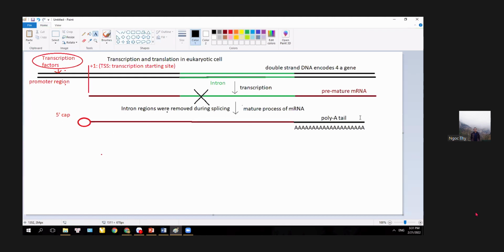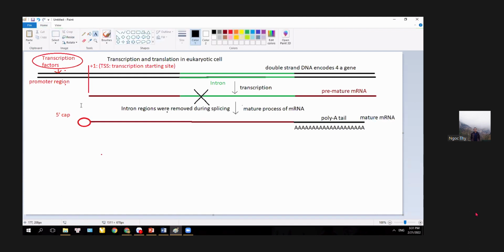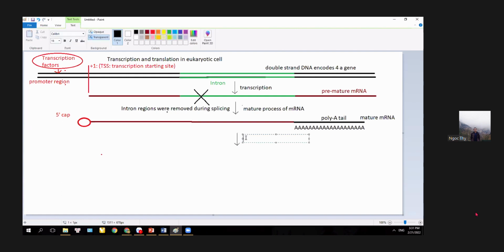So this is the mature mRNA. So it goes to the translation process.